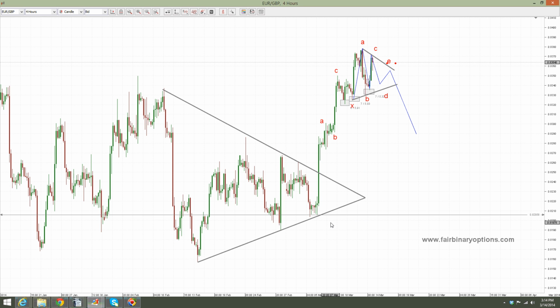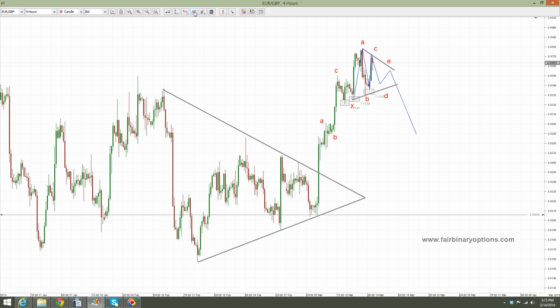Now this is a nice area to go and buy put options with end of day expiration date, because now it is Friday, and end of day would be by the time the US markets are going to close, and the US markets are going to close at 20 GMT basically now.